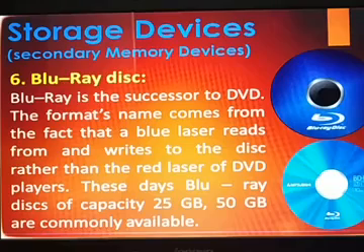A blue laser can write more data compared to the red laser of DVD. As a consequence, a Blu-ray disc can store much more data in the same 12 centimeter space. These days, Blu-ray discs of capacity 25 and 50 GB are commonly available.